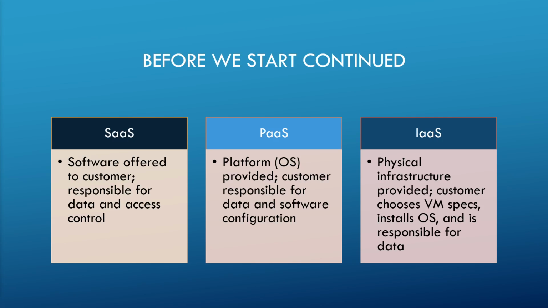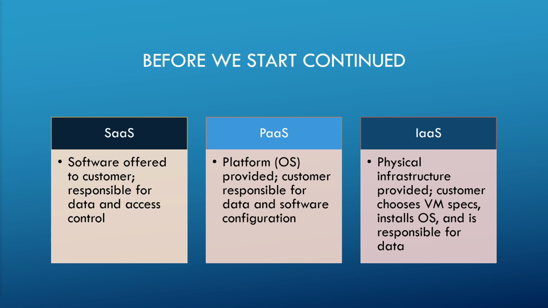And then the next point I want to go over before we get started is the three different cloud platform options that a lot of vendors will offer to you as an organization. Starting with software as a service, or SaaS, the initial software is going to be what's offered to your organization or customer.